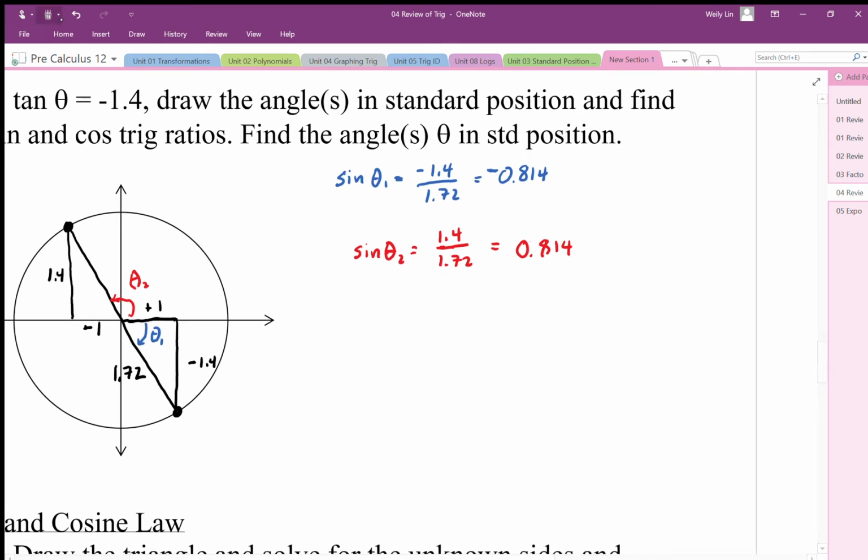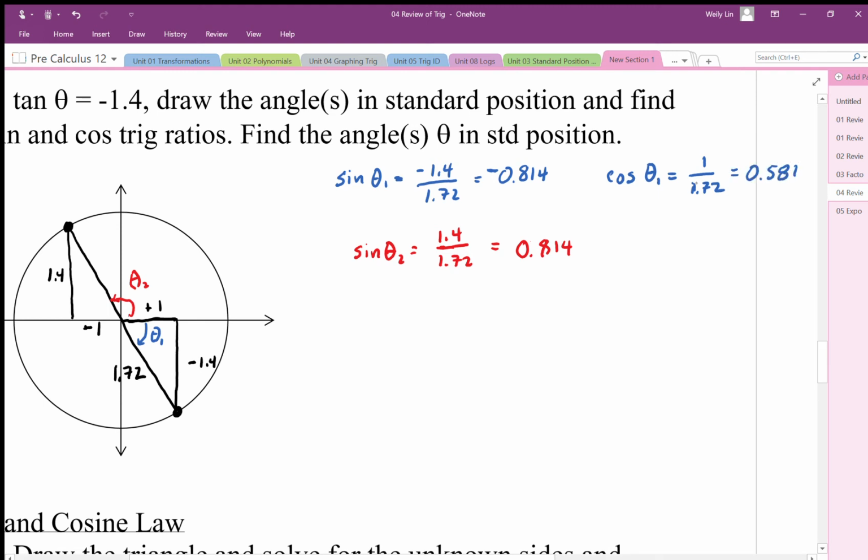And then for the cosine ratio, we have to do the same thing. I have a cosine of one position, which is theta 1, and that's going to be 1 over 1.72. So 1 divided by 1.72 is about 0.581.